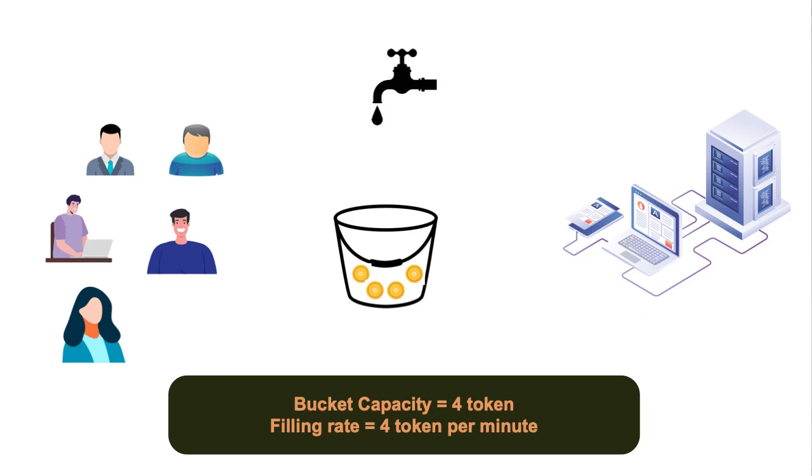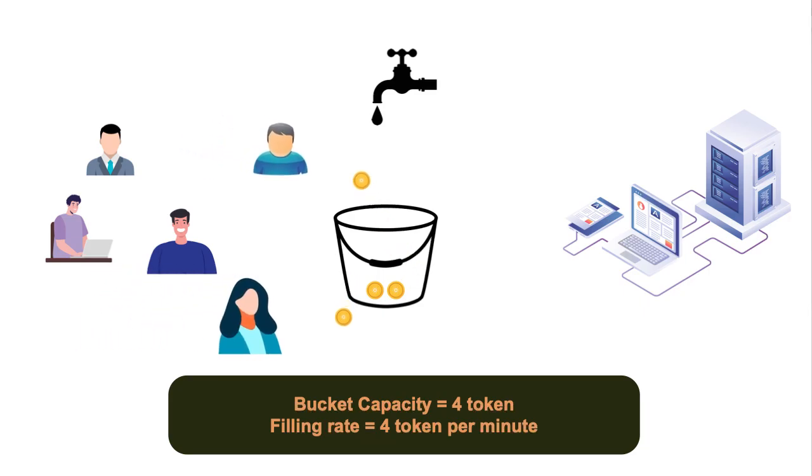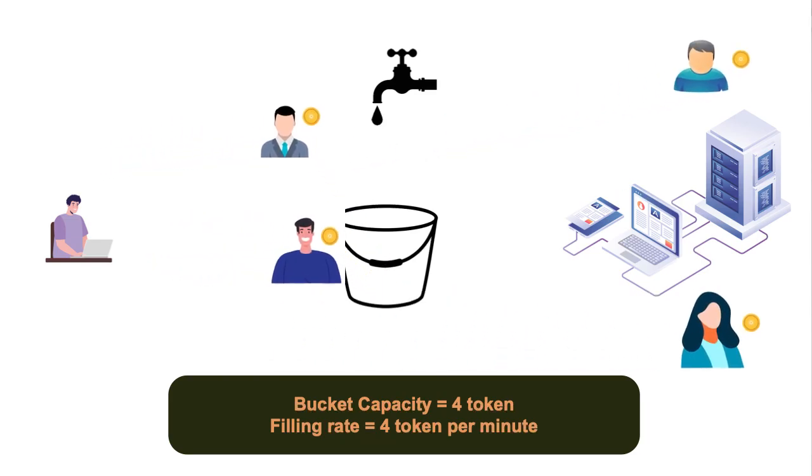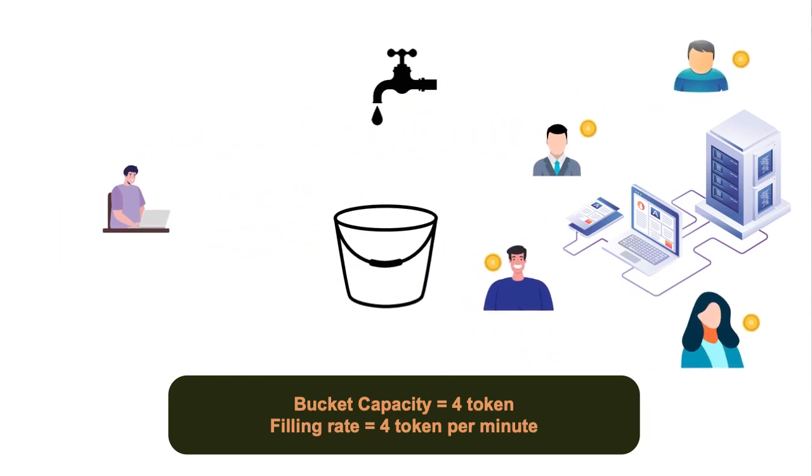So as soon as a request comes to my rate limiter, I check if there is an available token in my bucket. If there is an available token, I pass this request along to reach my server. If I don't have any tokens, then the request is denied with an HTTP status code 429, and that means too many requests have reached the server. This is how your token bucket mechanism works.